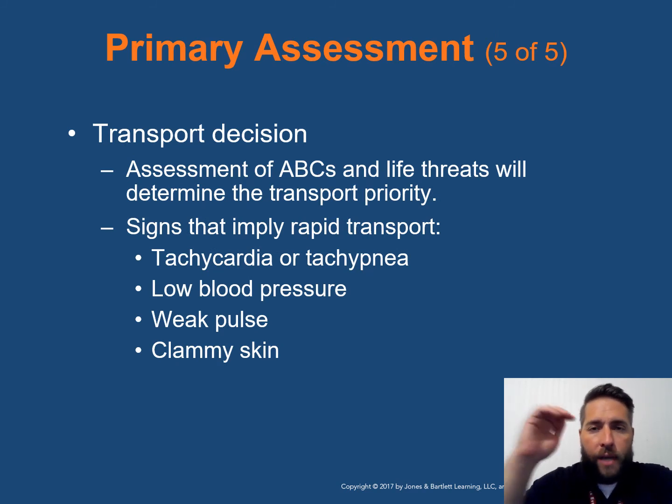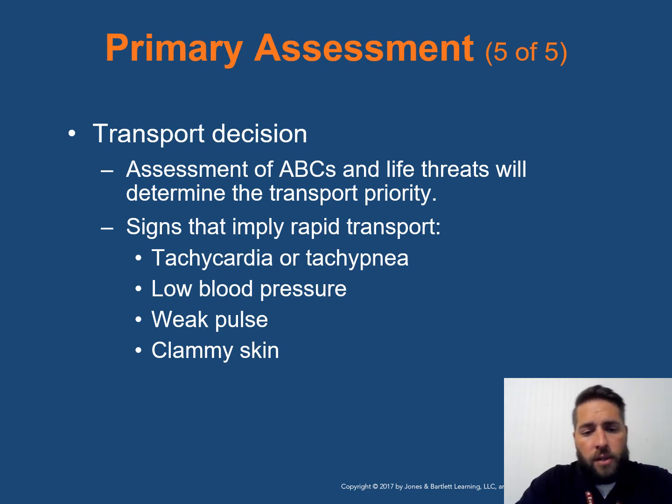So look at your forms, guys, even right at this moment, and just look how everything is laid out. All this is that systematic approach. We've done our ABCs, now we're moving to our transport decision. If anytime there's a life threat or a potential life threat, expedite. Get them out, take them to the hospital as quick as possible. If there are any threats to their ABCs, expedite, get them to the hospital.